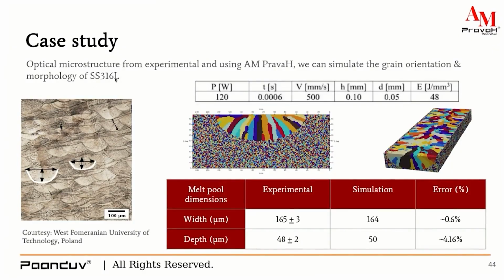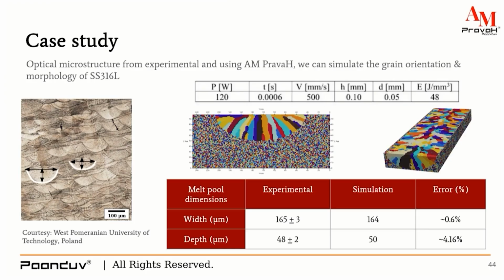So the final outcomes, the final benefits of PravaH, is you can perform end-to-end simulations, you can cut down the cost by 67% in initial process optimizations, 20 to 30% saving on material costing, and it can also reduce the rate of failure to 10%.